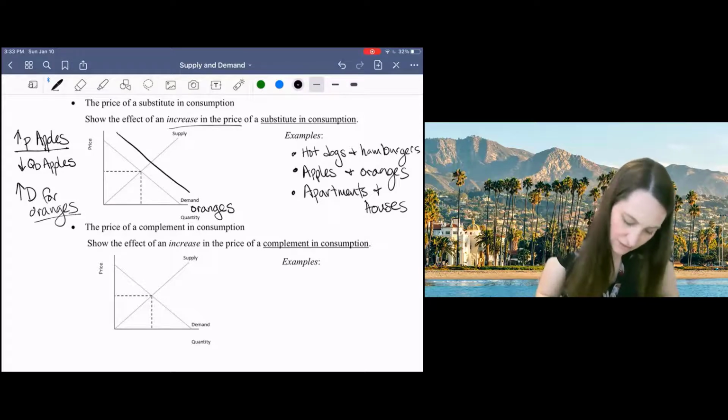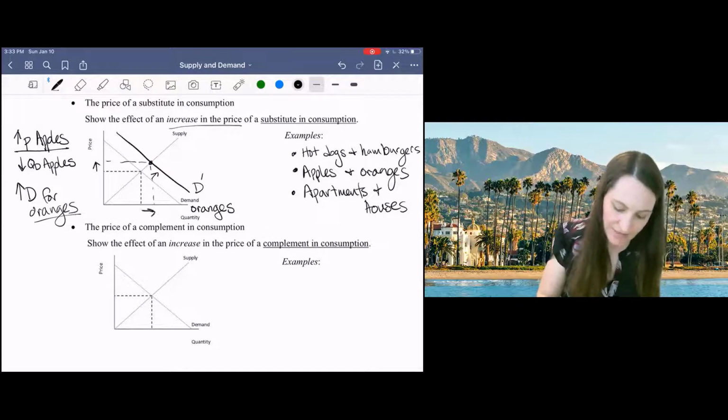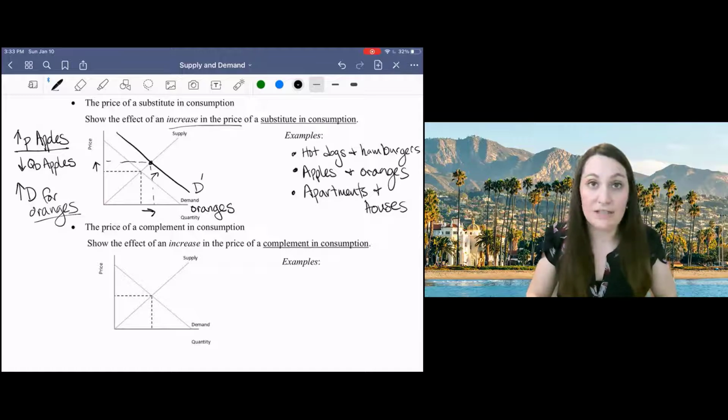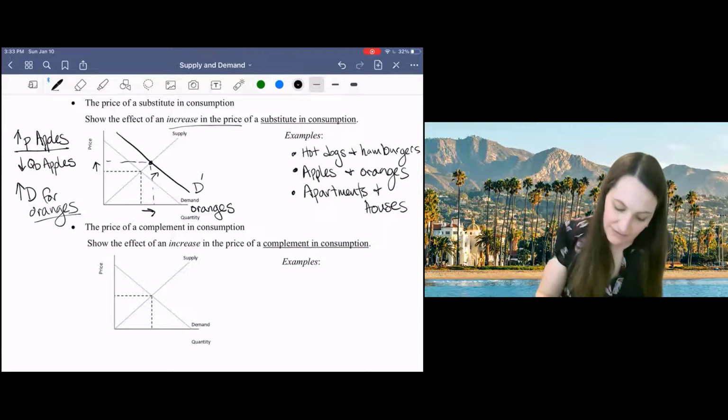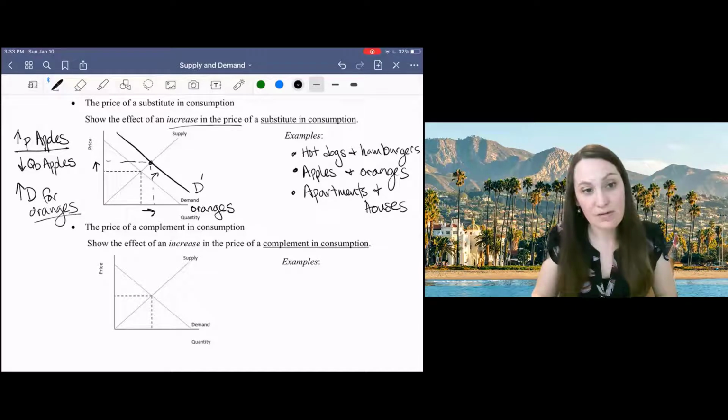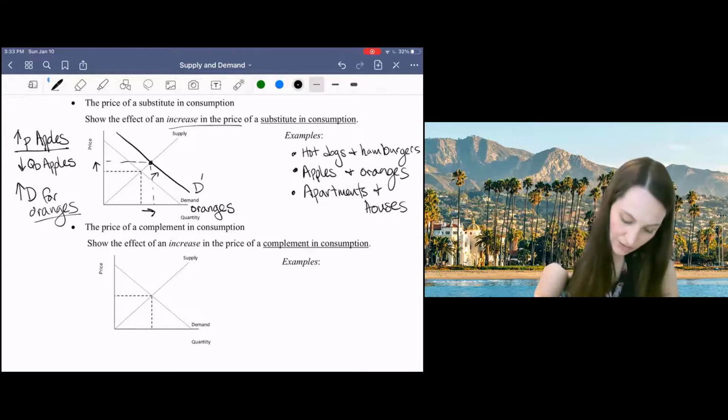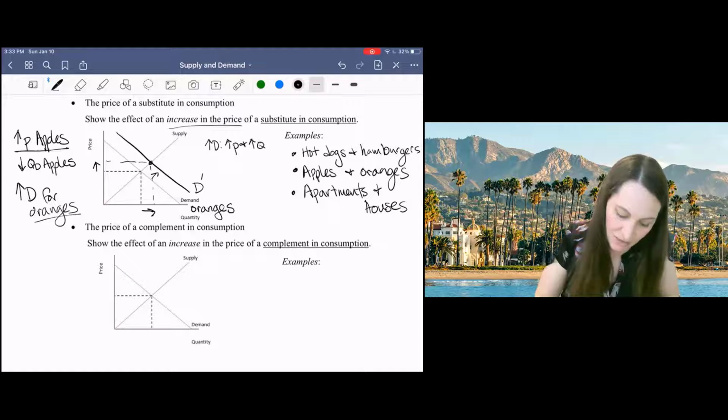Demand for oranges increases, and now we can show that that will result in an increase in the equilibrium price and quantity of oranges exchanged on the market. So the effect of an increase in the price of a substitute will lead to an increase in demand, resulting in an increase in price and equilibrium quantity.